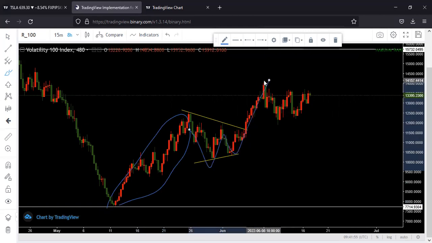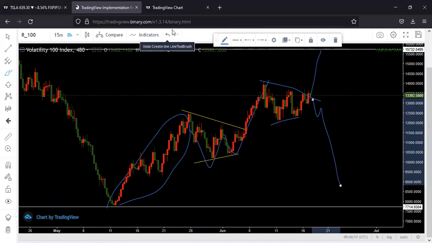We know that if this correction stays long and manages to break up to the upside, then the next move will be an impulsive move to the upside. But this is possible, and probably it can go down this way. So anything can happen within a market, all right?